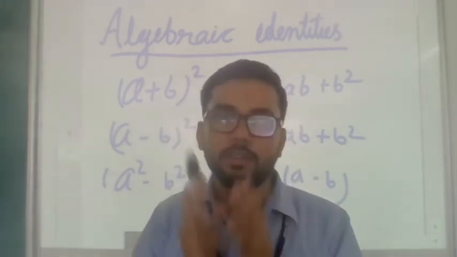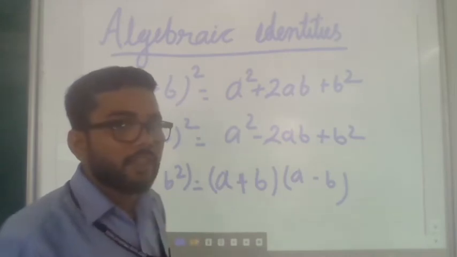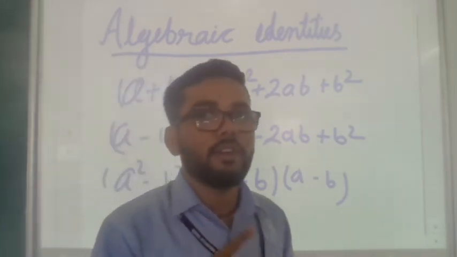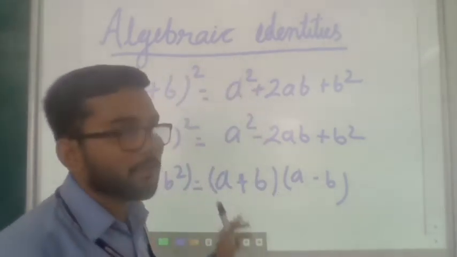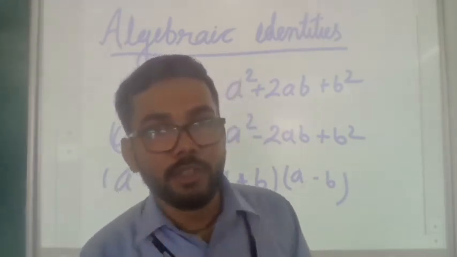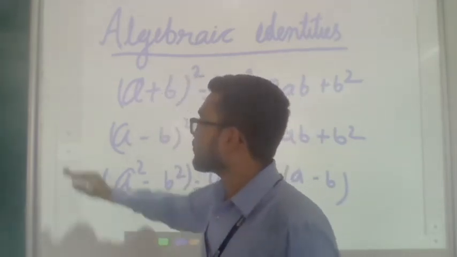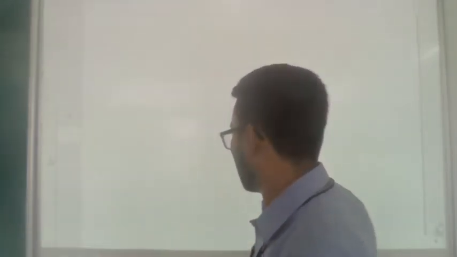So in an algebraic expression, if every power of the variable is a whole number, that algebraic expression is called a polynomial. Okay, so we will write the definition of polynomial. So what is a polynomial?